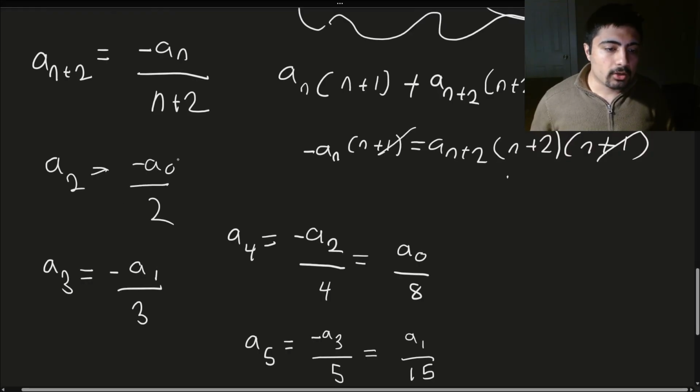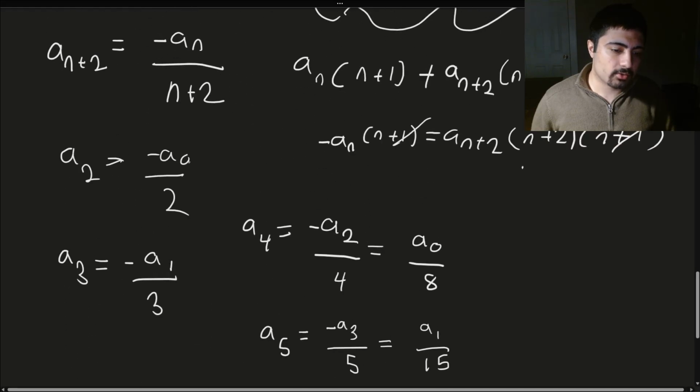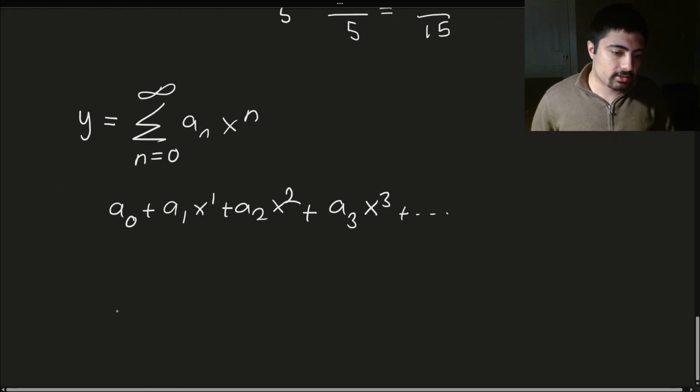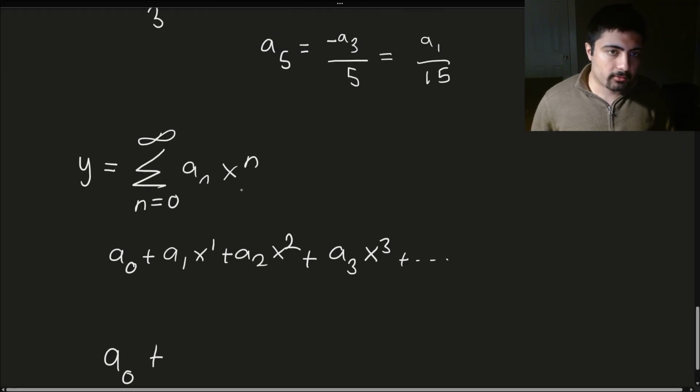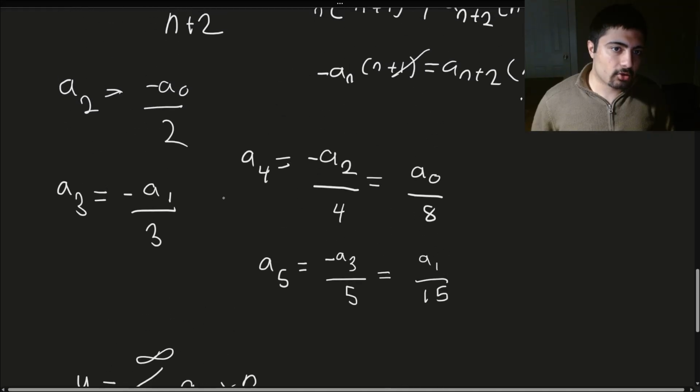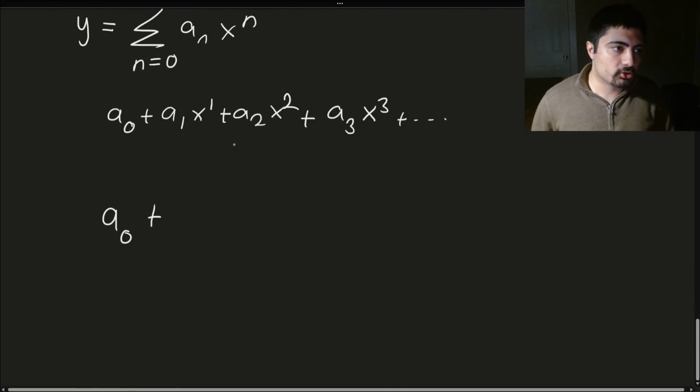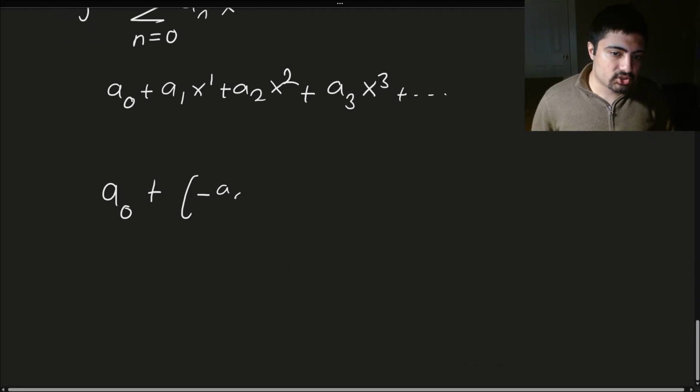Okay, we know a2, a0, and a4. So a0 is a0, so we're just going to write that down, plus the second term, a2 times x squared. Well, x squared is just going to stay there, but a2 is negative a0 over 2. So we're going to have negative a0 over 2 times x squared.